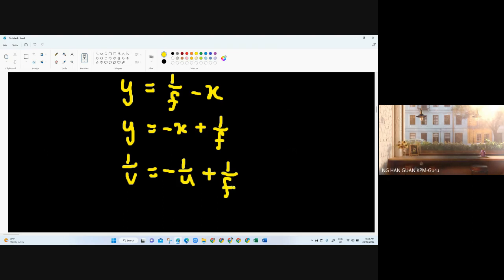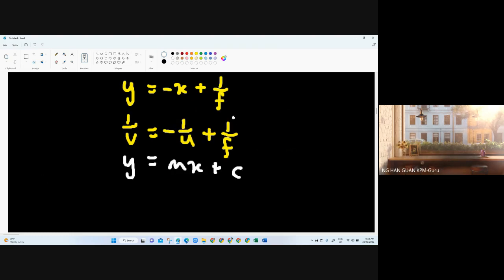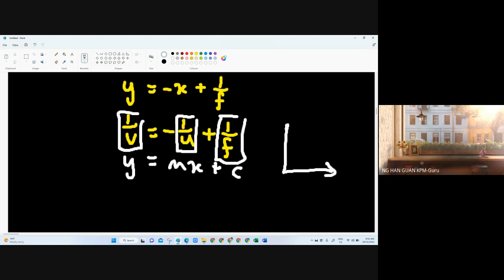Compared to the general equation y equals mx plus c, for the graph of 1 over v against 1 over u, it should have a negative gradient, and the intercept will be 1 over f.